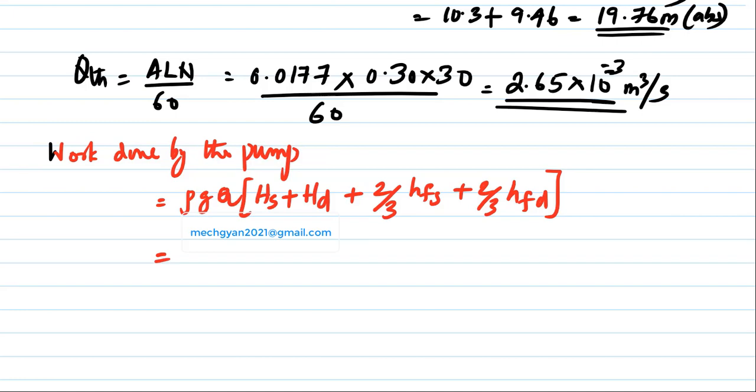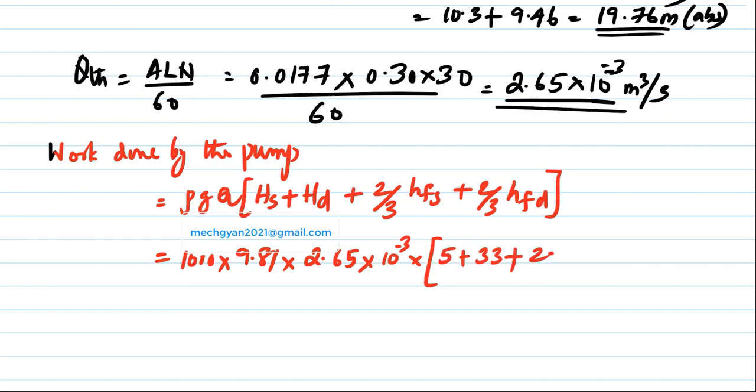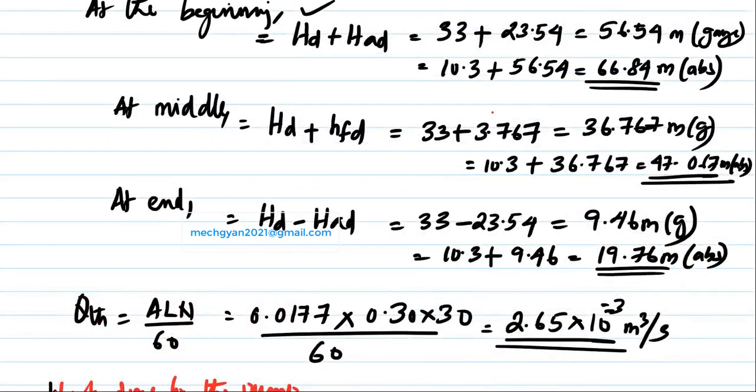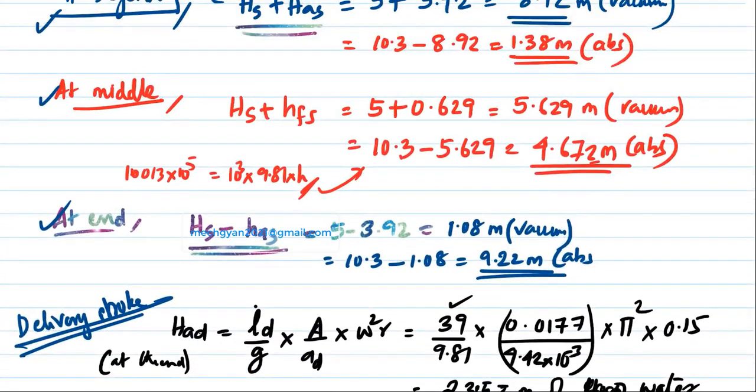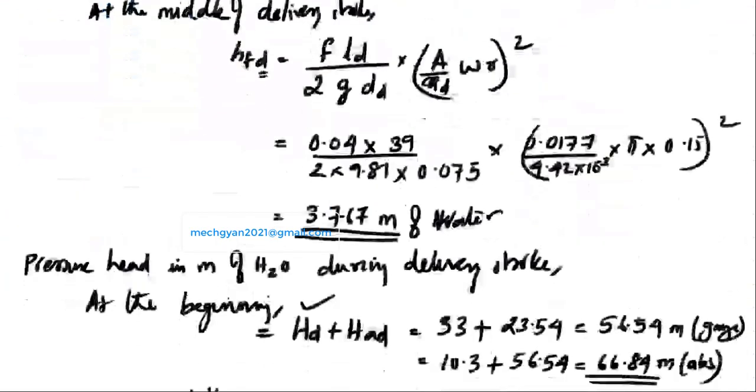So which we had already seen in the classroom. So that is equal to rho, that is density of water 1000, into 9.81 into Q, which is 2.65 into 10 power minus 3, into HS plus HD, HS is 5, HD is 33, into 2/3 into HFS plus HFD. Let us see, HFD is 3.767, HFS is 0.629.